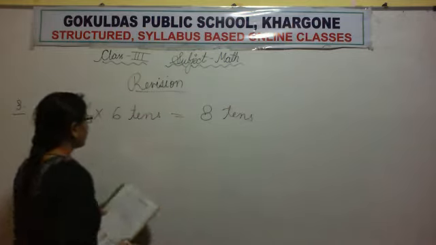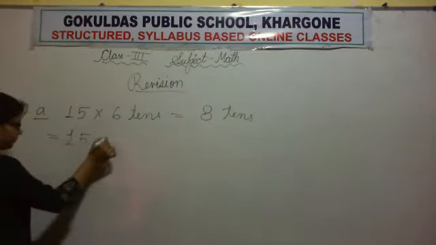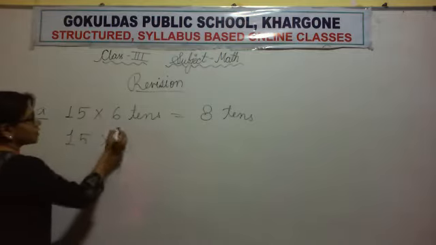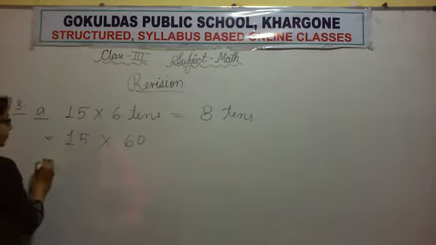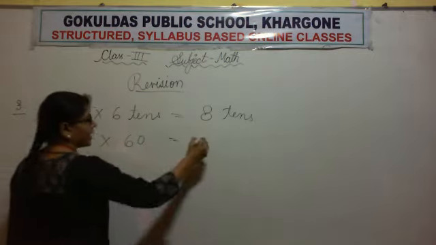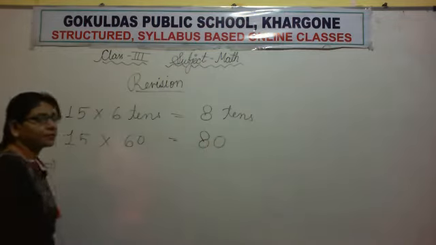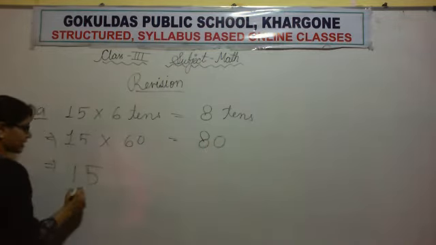So let's see what is written over here. 15 into 6 tenths means 60, and 8 tenths means 80. So let's multiply 15 and 60.